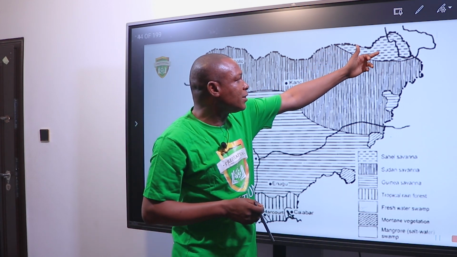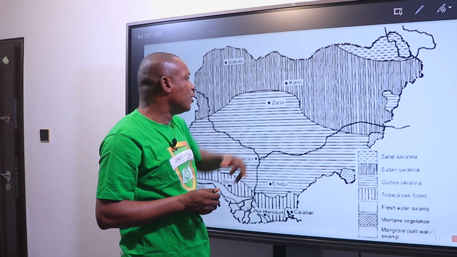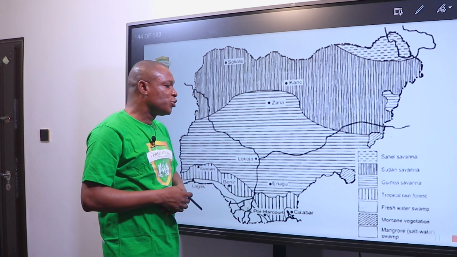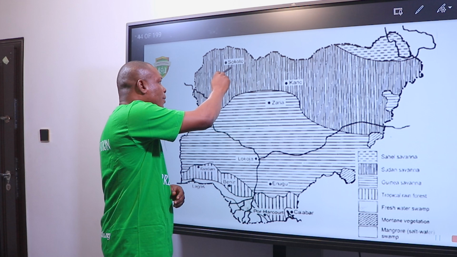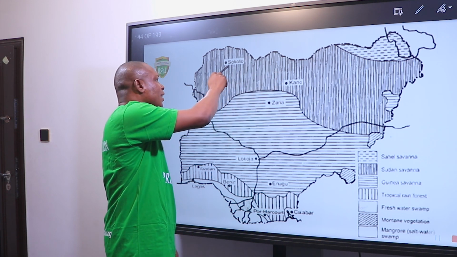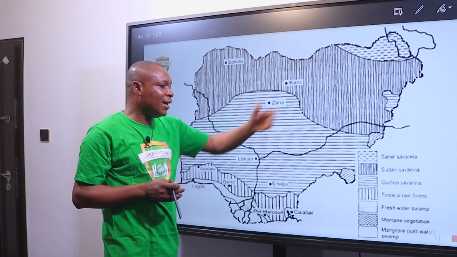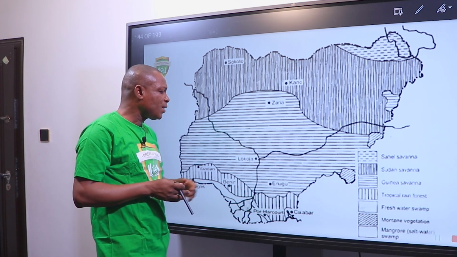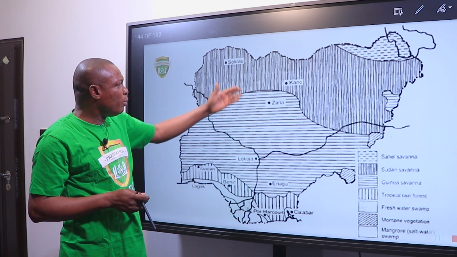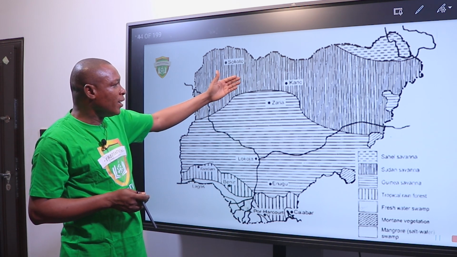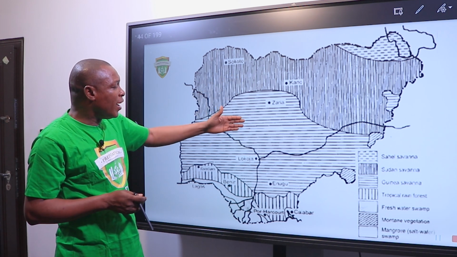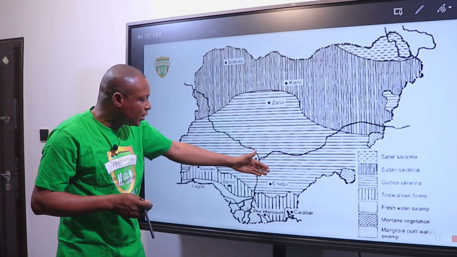Immediately after the Sahel savanna, you have the next belt, which is the Sudan savanna. I'm talking about this part. Places here include Sokoto, Kano, Katsina states. Now, away from the Sahel and the Sudan savanna, you now have the largest vegetation belt.